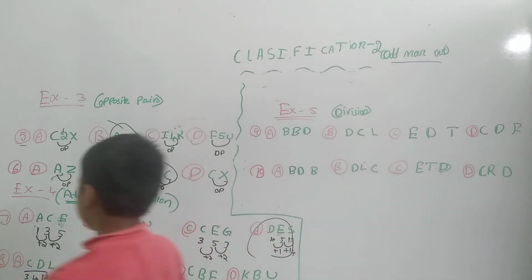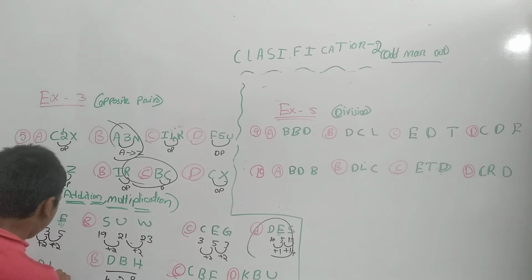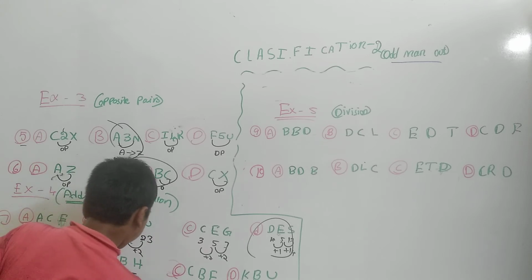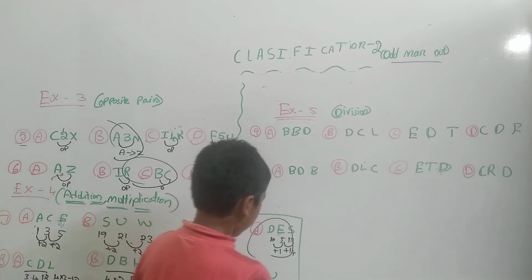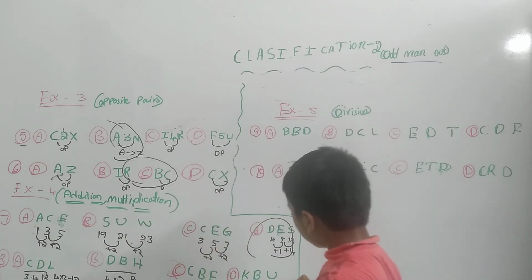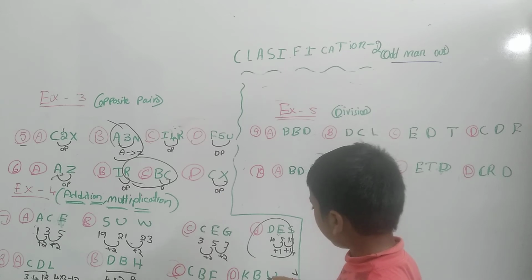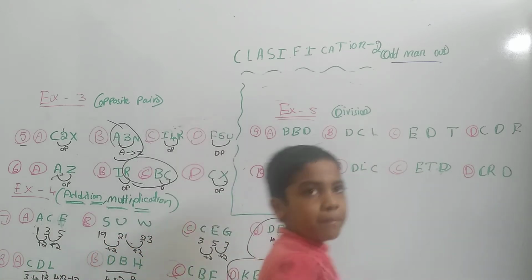We will multiply these digits. 4 3s are 12, 4 3s are 12, 4 2s are 8, 4 2s are 8, 3 2s are 6, but 11 2s are 22, which means V. But here I have U, which means the answer is D, KBU.